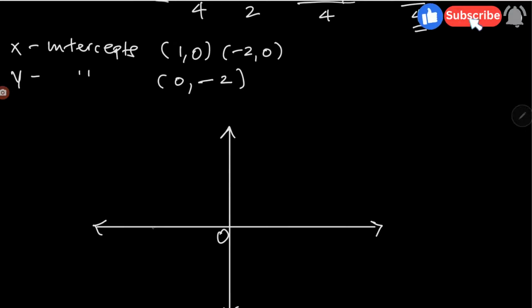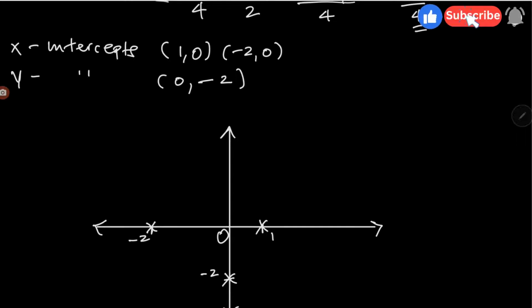So I'll assume minus 2 is there, I'll put a cross, and 1, I'll assume it's there, I'll put a cross there. Okay, so this is the point 1, 0, and this is the point minus 2, 0, and 0, minus 2, I'll say it's a point somewhere there.